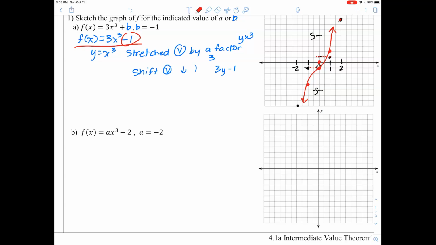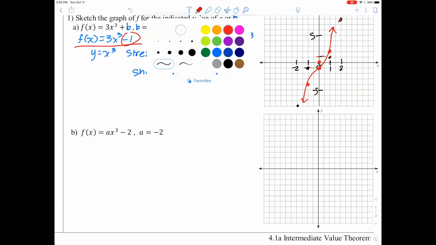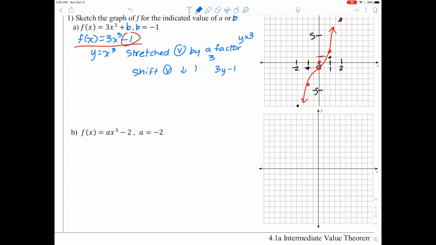Okay, so here we have this one where we have the f of x is ax cubed minus 2, and a is -2. So we're doing the f of x equals -2x cubed minus 2. So that means we have a vertical flip, a reflection and stretch.